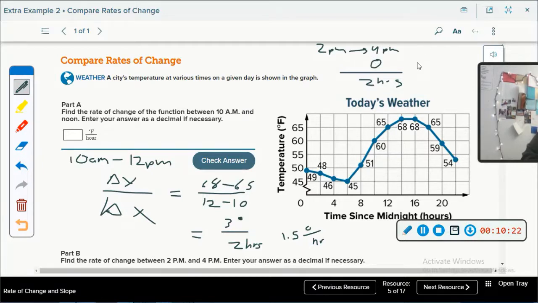And 0 divided by 2 is just 0, so that's a 0 degrees per hour change. Now, whenever your rate of change is changing, we know it's not linear. And we can see from the graph, this is a nonlinear graph, right? So it changes depending on what time segment you're looking at, what the rate of change is going to be different. Okay, all right, let's move on to the next one.